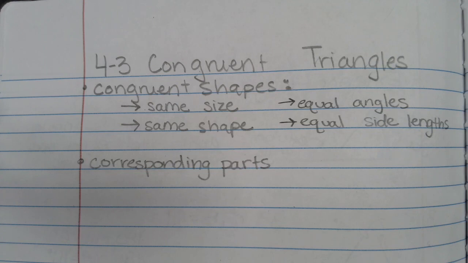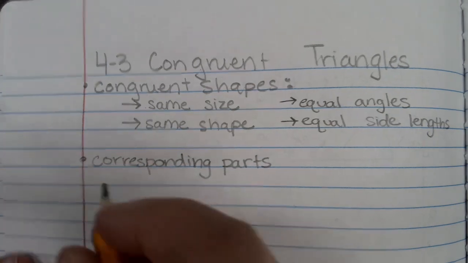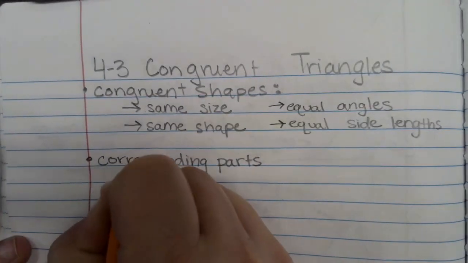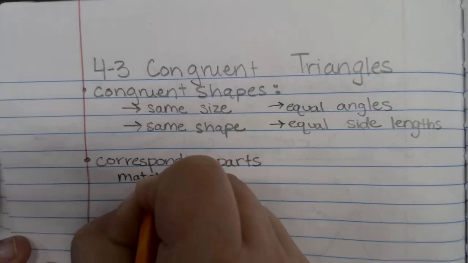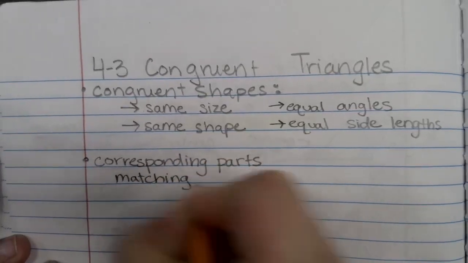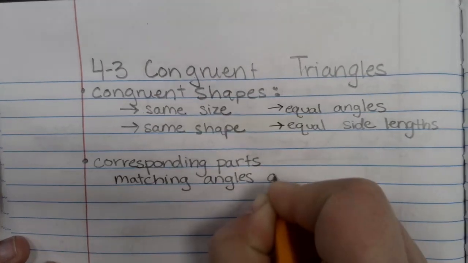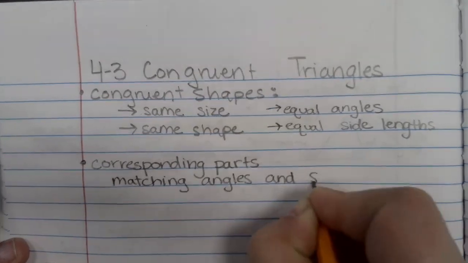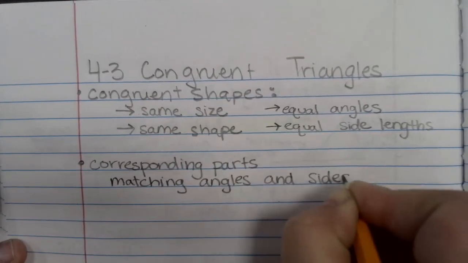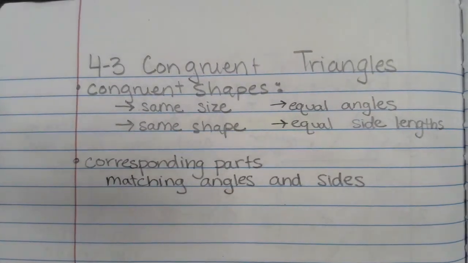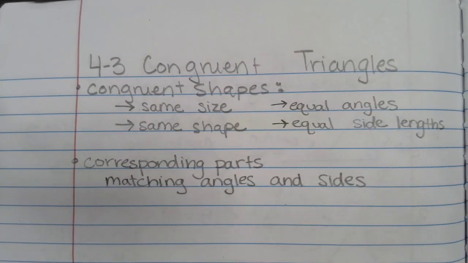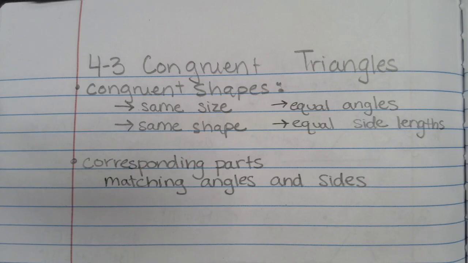We're putting those parts together. So when we talk about corresponding parts, we're talking about our matching angles and sides. What matches? So which parts are equal from one shape to the other shape?